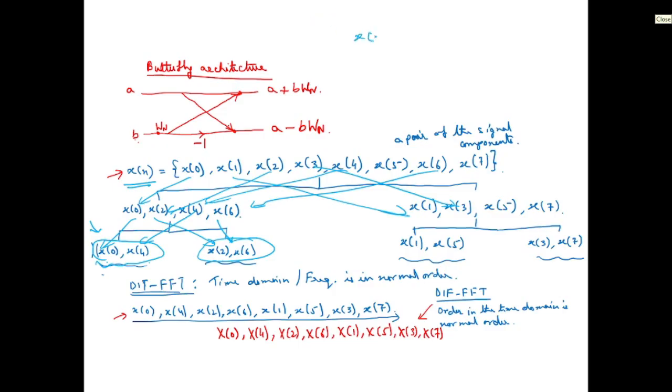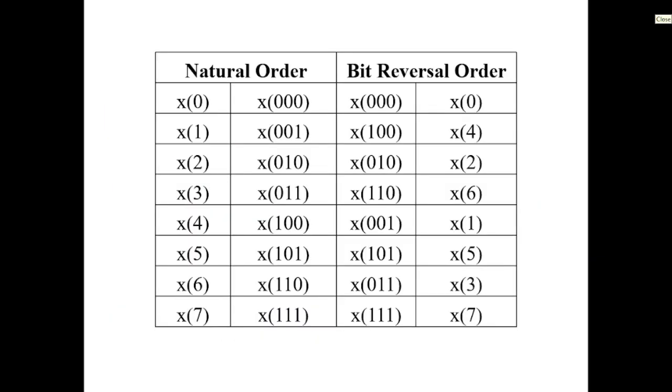In the case of butterfly architecture, here we are having 2 points, so we will be having x of 0 and x of 1. It is at the lowest pair, so only one pair is there. For the 2-point DFT, we'll be having x0 and x1, and we perform this computation.